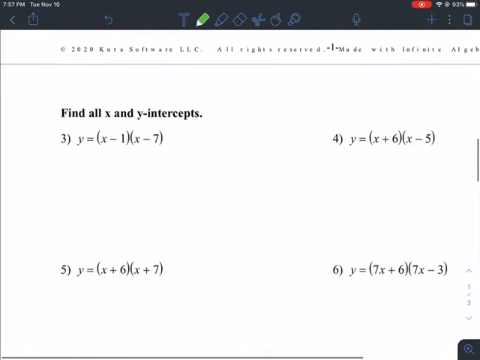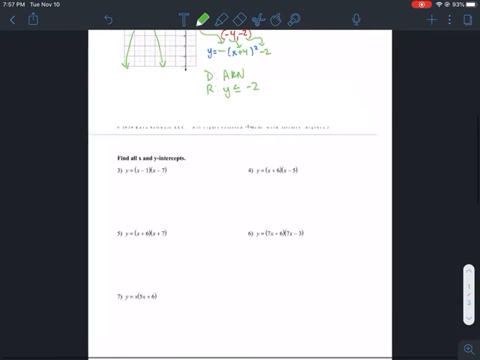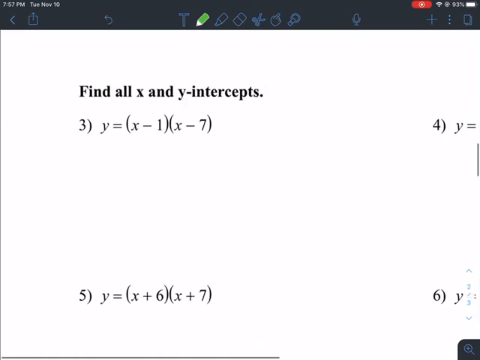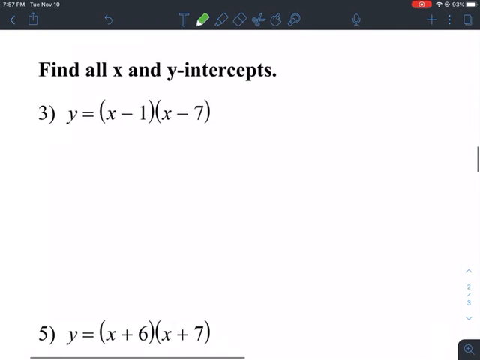So on to the stuff that was new this week, intercepts. So again, with these, to find the x-intercepts, you set y equal to 0.